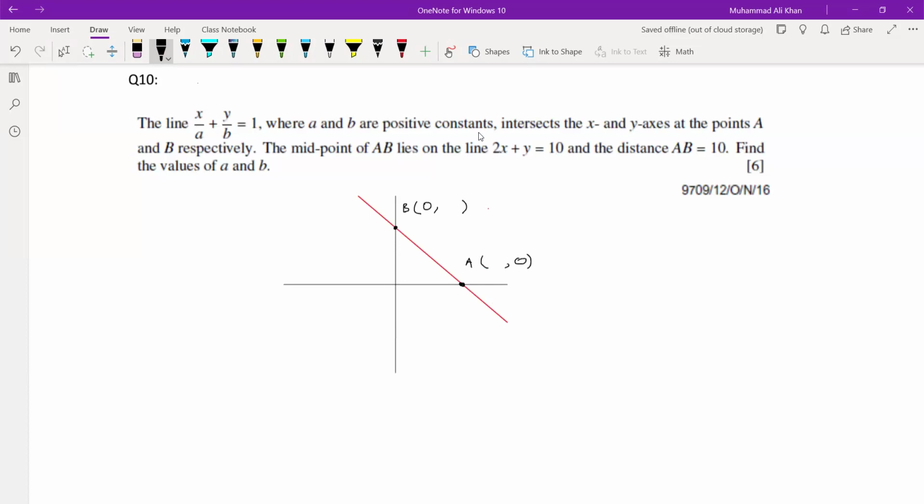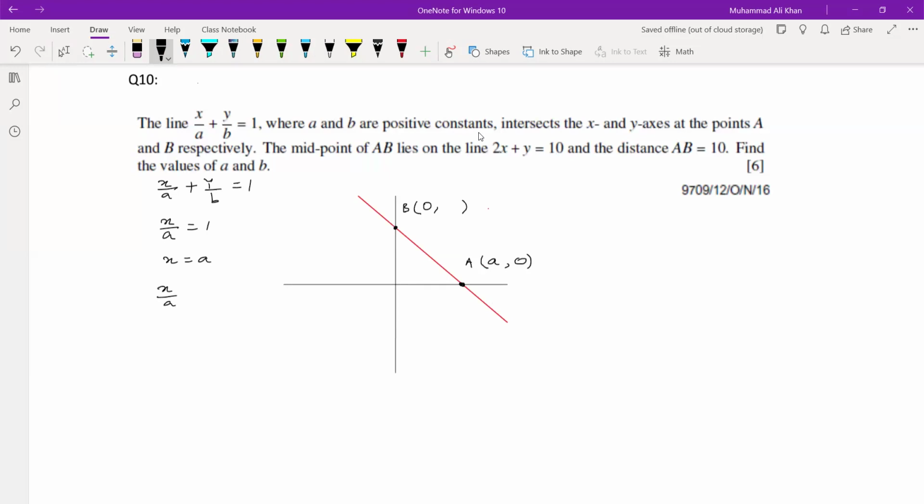At the x-axis, y is 0 and at the y-axis, x is 0. Now, in the equation x over A plus y over B equals 1, when y is 0, it is x over A equals 1 and the value of x is A. So the coordinate is (A, 0).